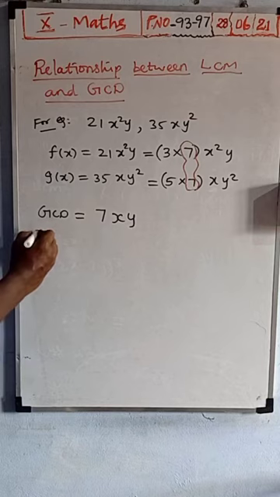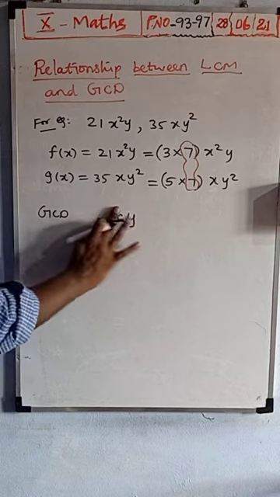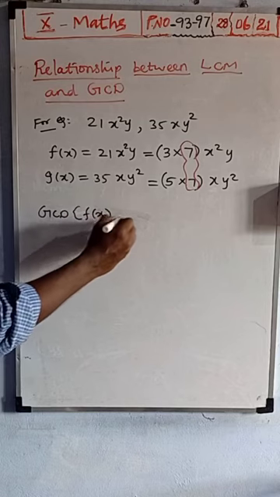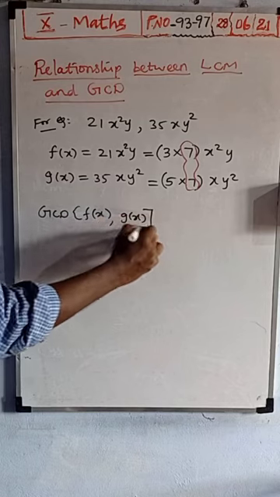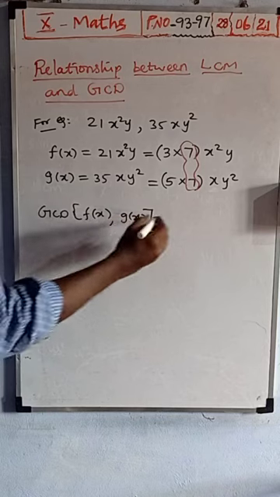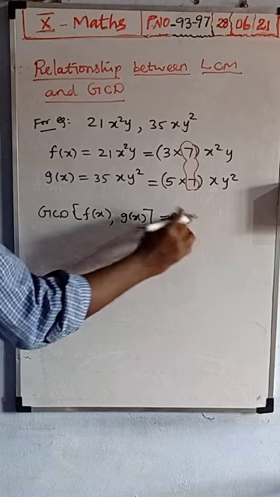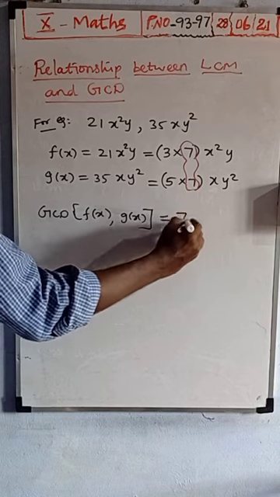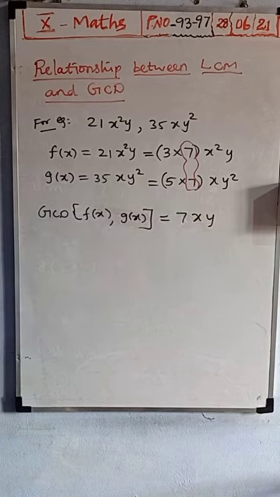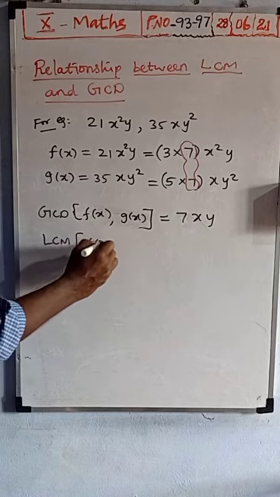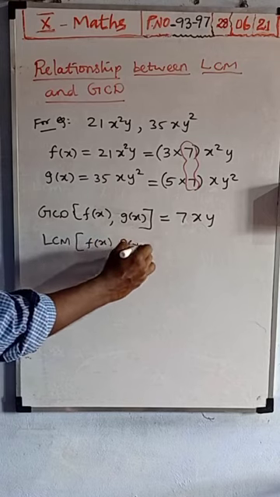This is called the GCD. That is, the GCD of f of x comma g of x in these two algebraic expressions is 7xy.